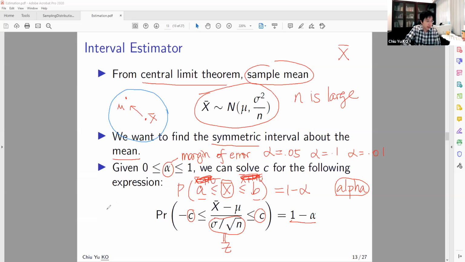On the number line, instead of giving X bar, I would give X bar minus M to X bar plus M. I want to guess this interval, and it is symmetric about this guy.